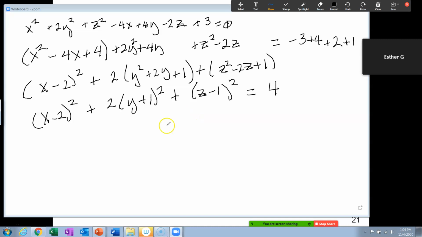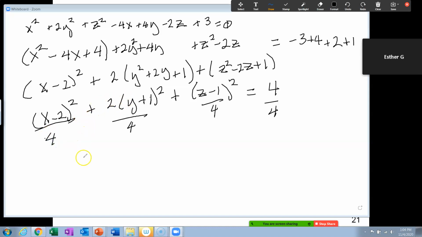Now that's still not standard form. I want to divide everything by 4, on both sides of the equation.